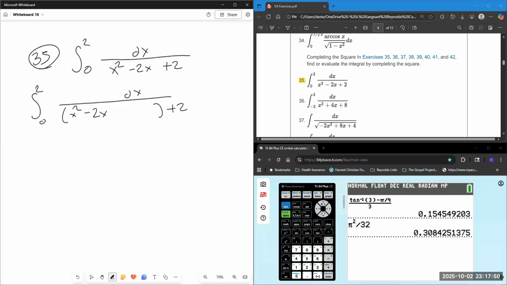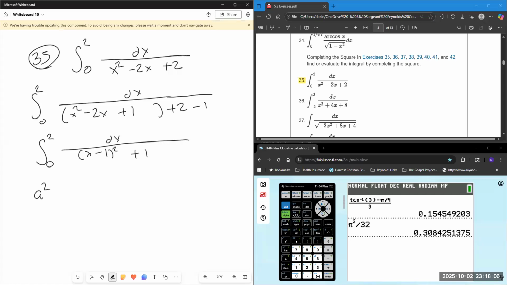Half of the middle number squared is plus 1, so I'm going to minus 1 to balance it out, and this is 0 to 2 of x minus 1 squared plus 1 dx.